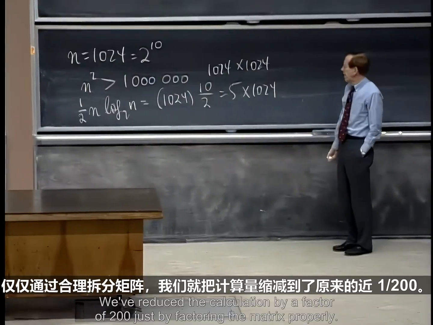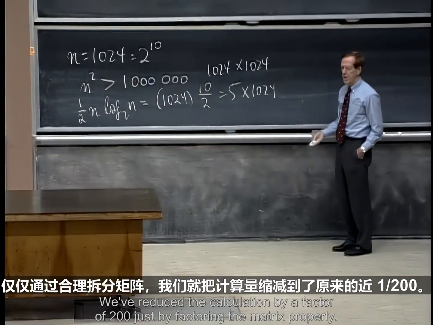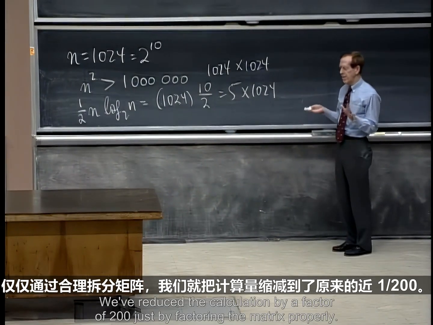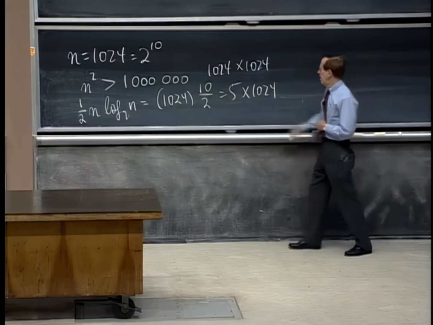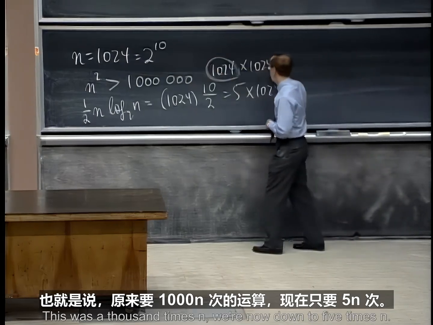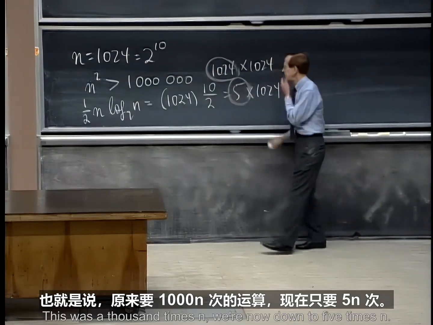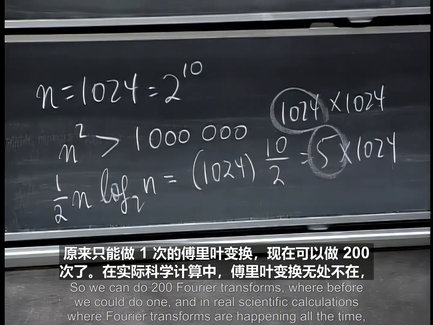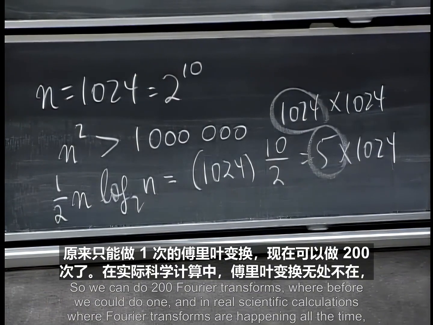We've reduced the calculation by a factor of 200 just by factoring the matrix properly. This was 1,000 times n. We're now down to 5 times n. So we can do 200 Fourier transforms, where before we could do 1.